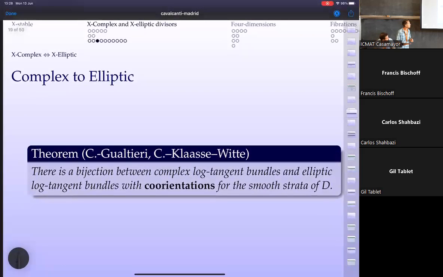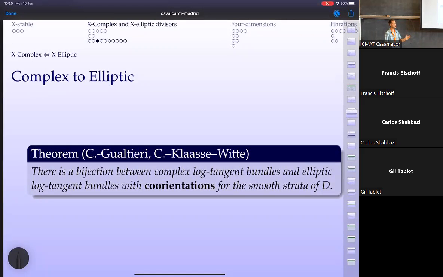The first one has a simple answer, which is that if you look at the function defining the divisor, even locally, it's a bit like an R squared, so it's Z times Z bar. And all that you need to be able to go from R squared to Z is to decide which one you pick, Z or Z bar.